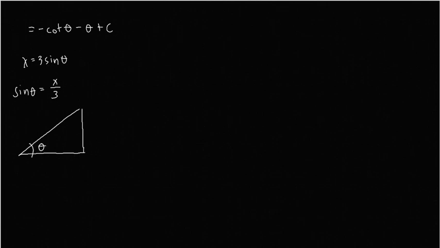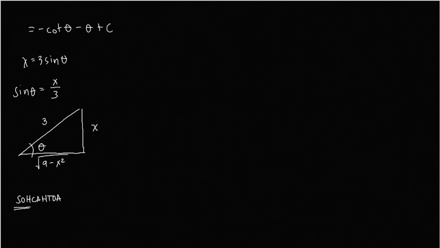And we all know that from our mnemonics na SOHCAHTOA, sine is opposite over hypotenuse. So sine of theta is equal to opposite na x, so nandito siya, over hypotenuse na 3, so nandito siya. So to complete the values of the legs, this must be, by Pythagorean theorem, square root of 9 minus x squared.